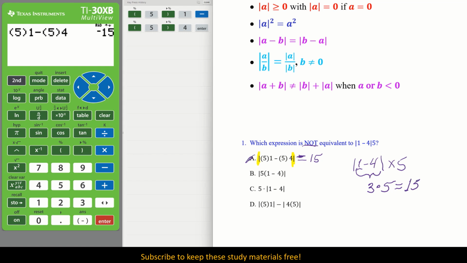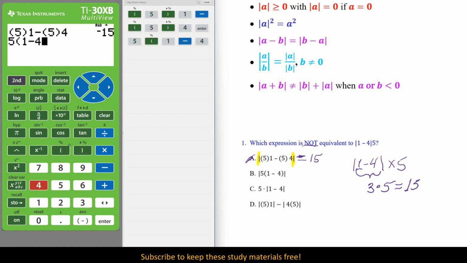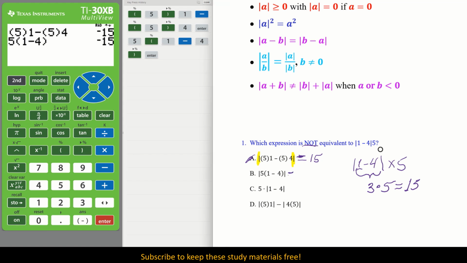Well, that means A is not what we want. So now let's look at B. Again, in absolute value, let's type it in exactly the way we see it. 5 parentheses 1 minus 4 close. Push enter. Again, we simply take the positive because the typed in answer is negative. Remember, we don't have absolute value. That's what I'm doing.